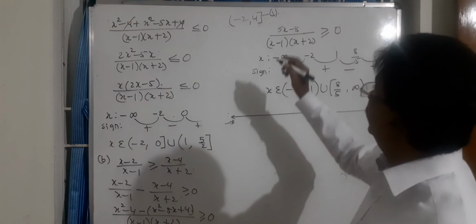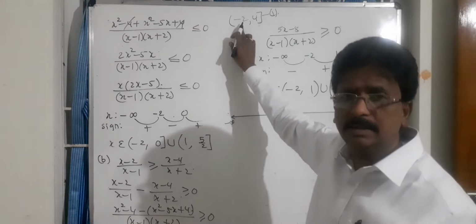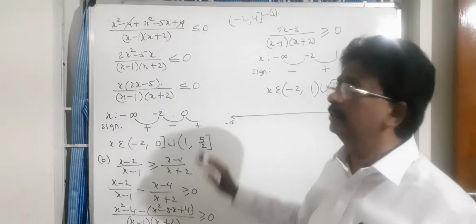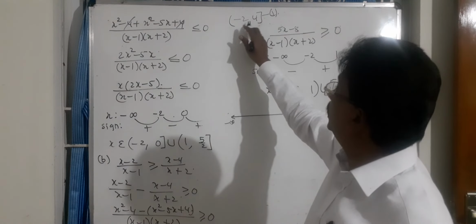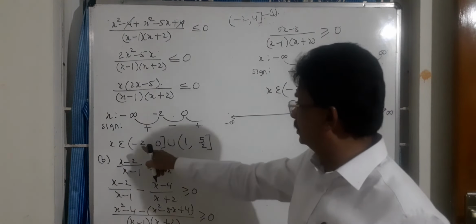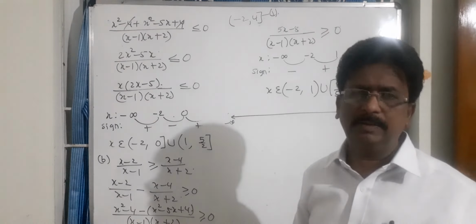Now next, collect all the numbers in each case. The numbers are the end values of each interval. This is one end value. Here, these are the end values, or critical points, you can say that.